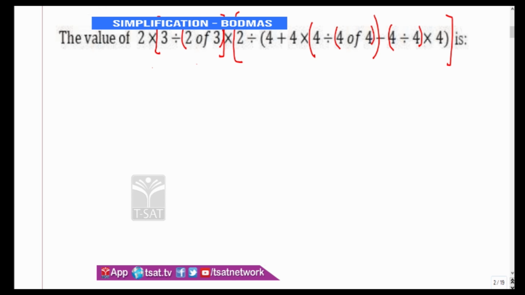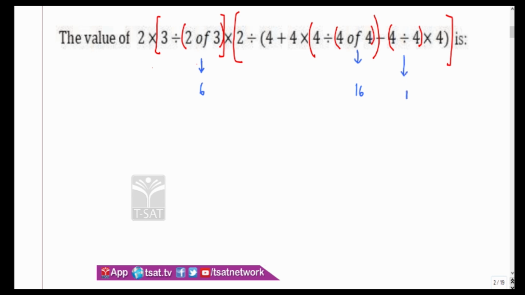Now solve what is inside the brackets. 2 of 3, which is 6 here, 4 of 4, which is 16 here, 4 divided by 4, that's 1. Now see here, 2 into 3 divided by 6 is 1 by 2, into, you have 2 but divided by this whole thing.